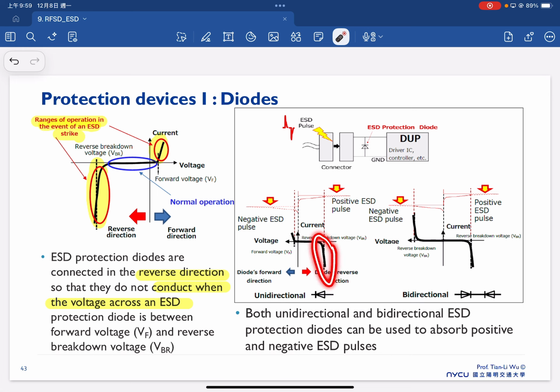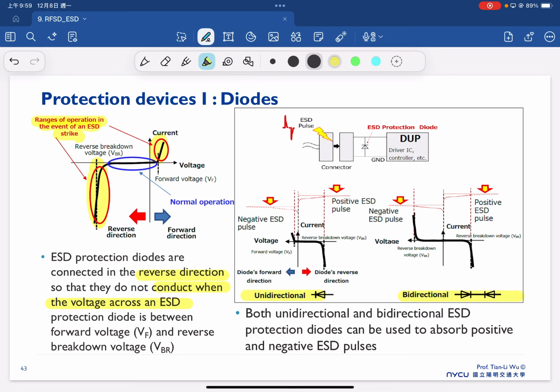Therefore, to have symmetric ESD protection, sometimes we will not only consider a unidirectional diode, but also two diodes as a bidirectional, that is, diodes connected back to back with each other.